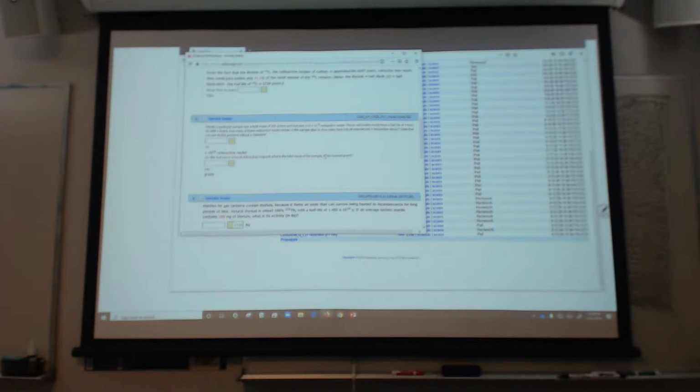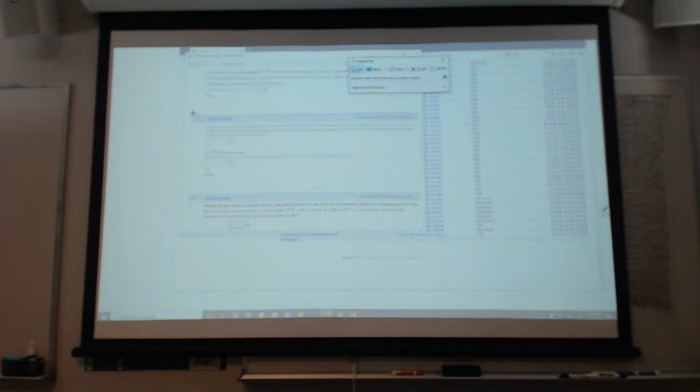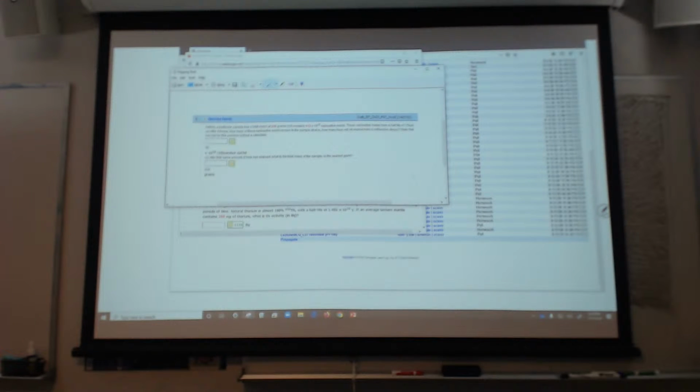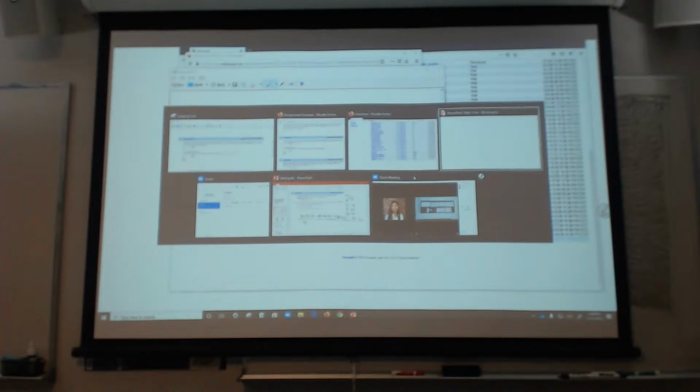So you got radioactive decay. Let's take a copy. It's easier for me to read everything and write everything at the same time.